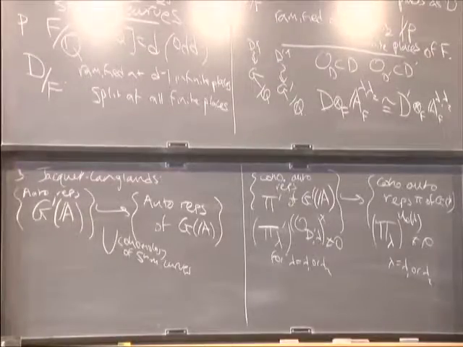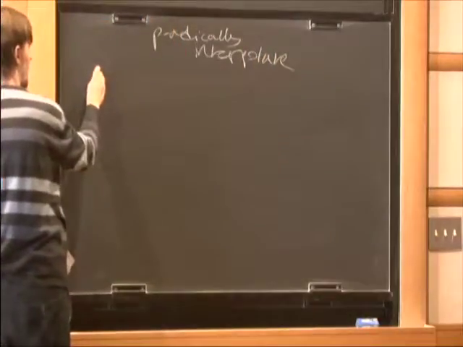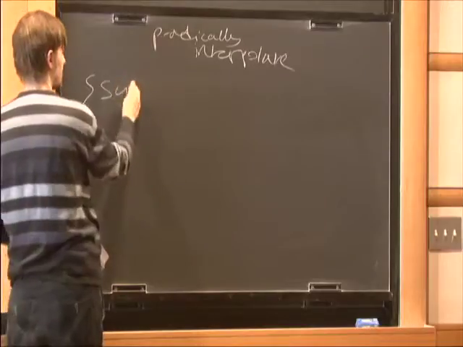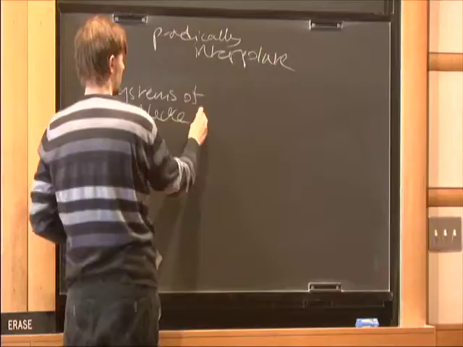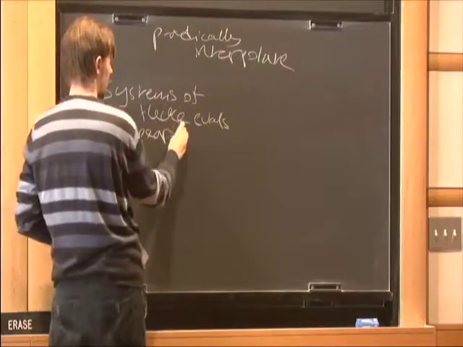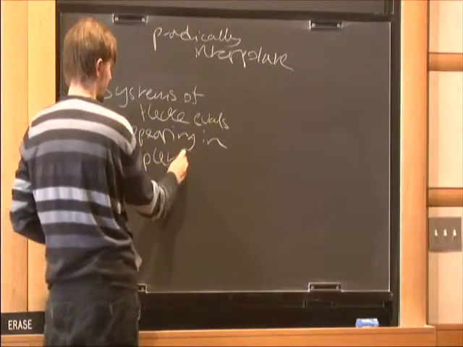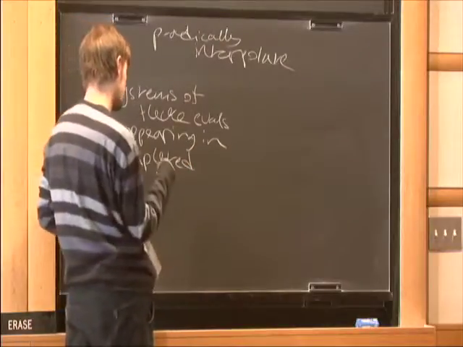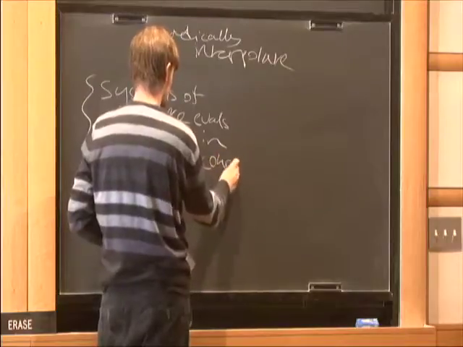Firstly, I'm going to p-adically interpolate this into a map between systems of Hecke eigenvalues appearing in the completed cohomology of a Shimura curve attached to G prime with appropriate tame level, but I'll make this all precise later in the talk.